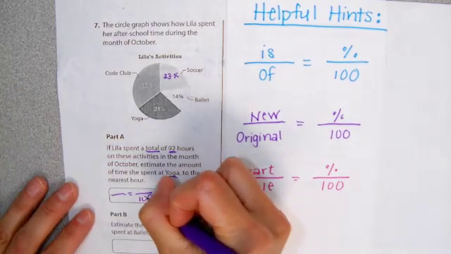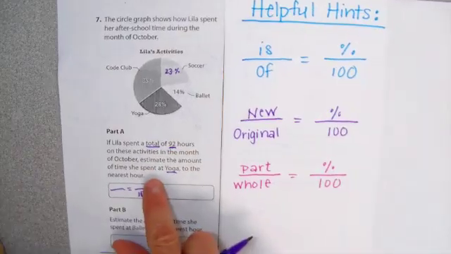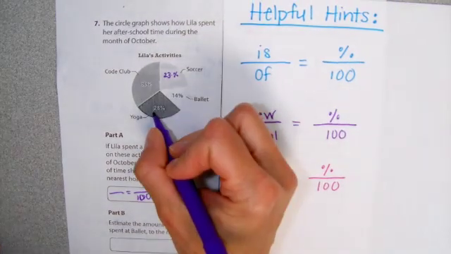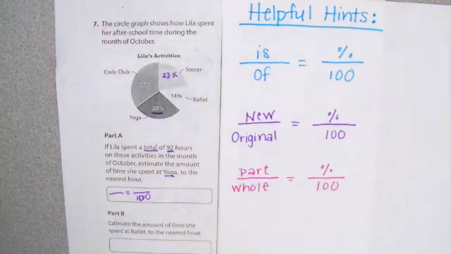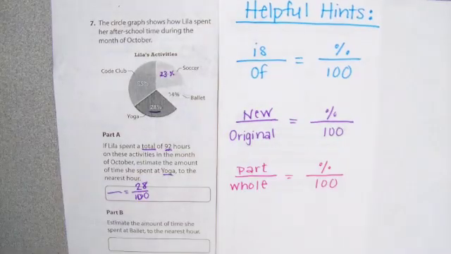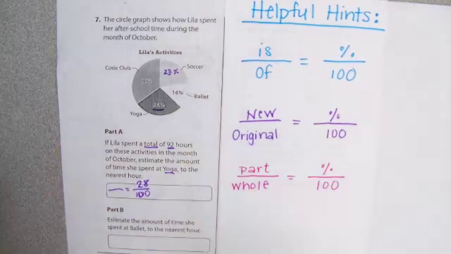That's right. Okay, do we have a percent sign in this problem? If you look here, you're like, oh no, I don't. But yoga is what we're talking about, and 28% of time was spent on yoga. So that's our percent. That goes above the 100. And then the other piece of information is she spent a total of 92 hours.